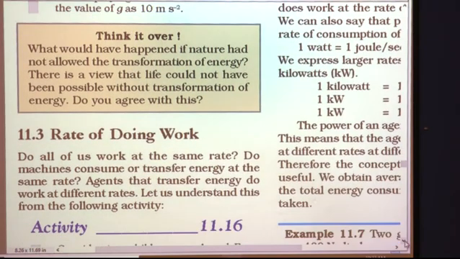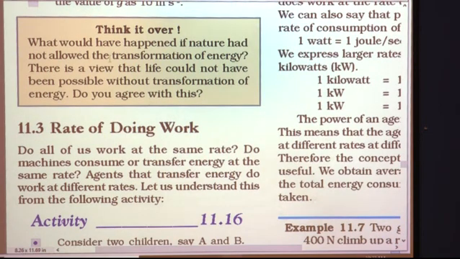Now, think it over. What would have happened if nature had not allowed the transformation of energy? If one form of energy were not able to convert into another form, what would have happened? There is a view that life could not have been possible without transformation of energy. Do you agree with this? Yes, all of us have to agree, because of transformation of energy we can live.